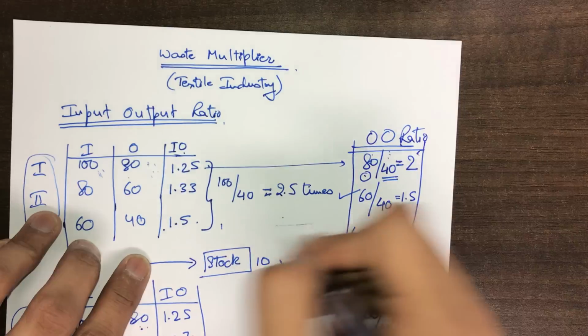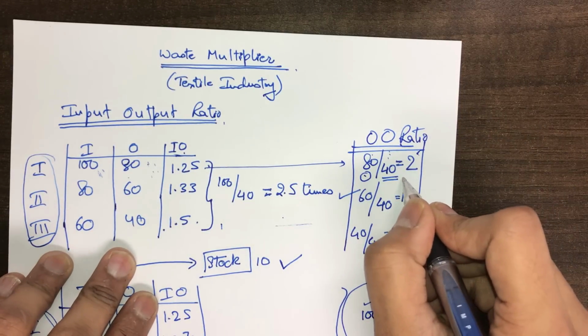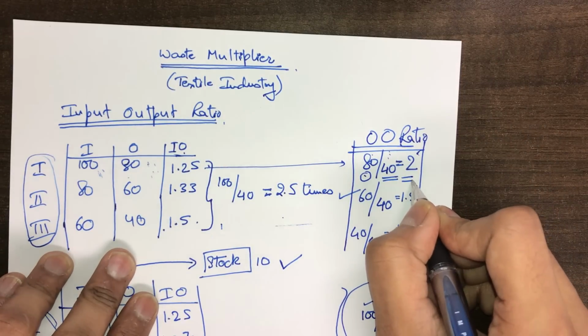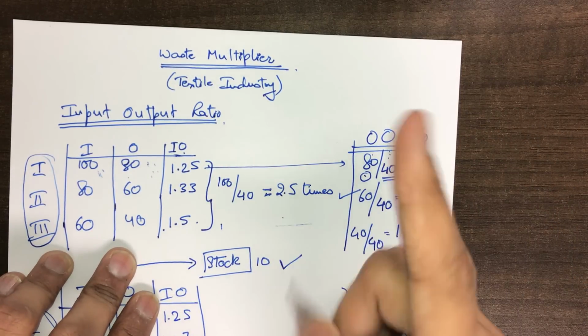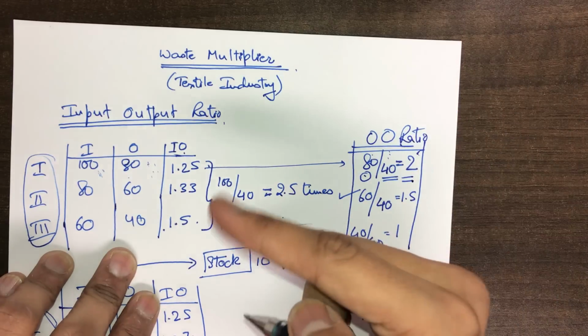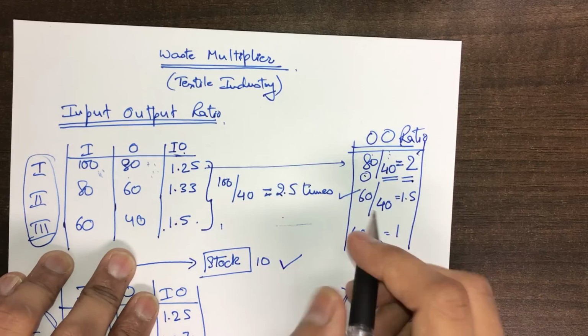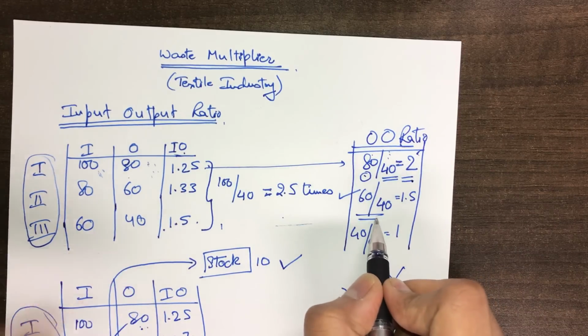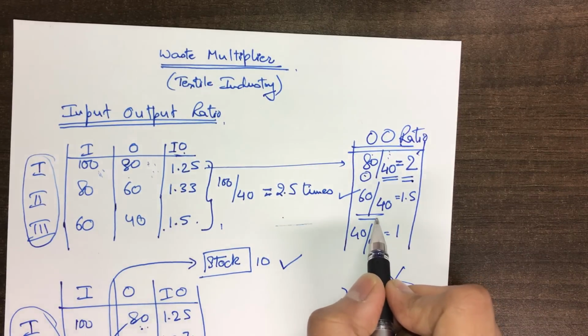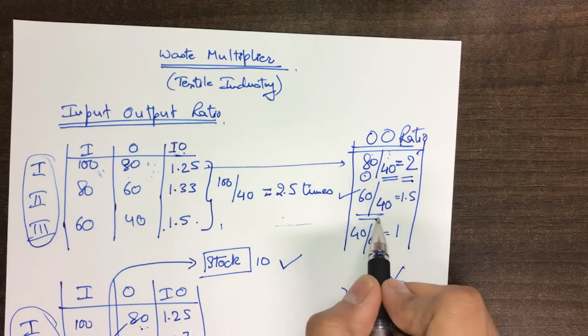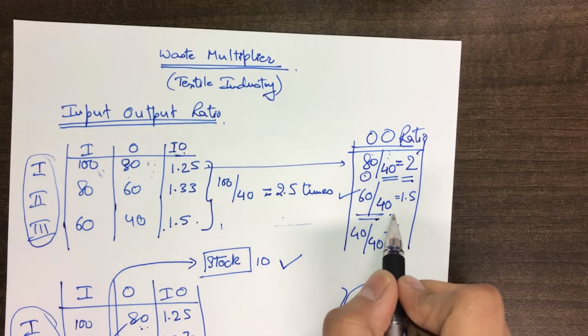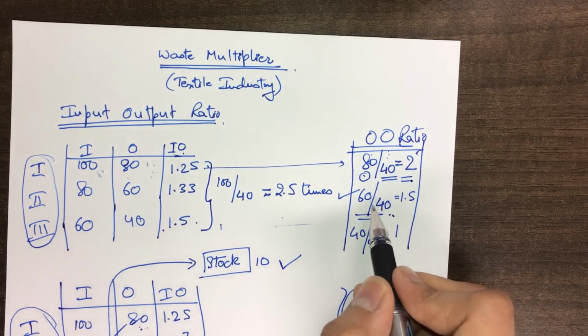So for example, in this case, we need to insert 2 units of input to get 1 unit of the last output. Last output means output from the third process or the last process. We need to introduce 60 units of input in the second process to get 40 units of output in the last process.